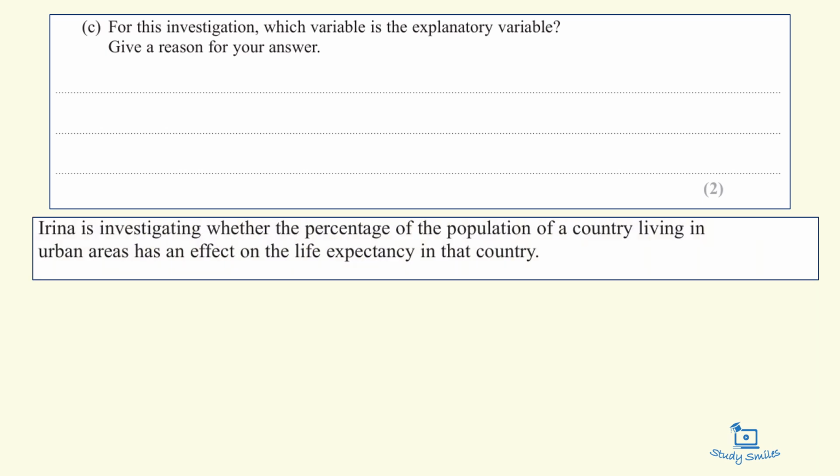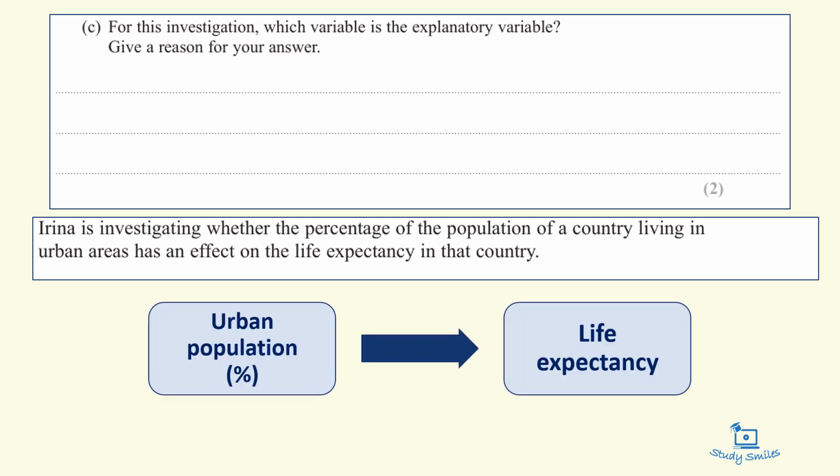Now, if we go back to look at the beginning of the question again, we can see it said that Irina is investigating whether the percentage of the population of a country living in urban areas has an effect on the life expectancy in that country. So Irina is hypothesizing that the urban population has an effect on life expectancy.